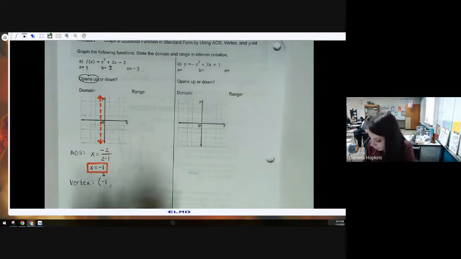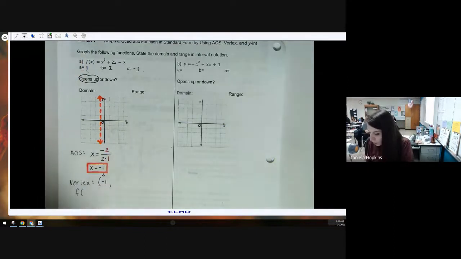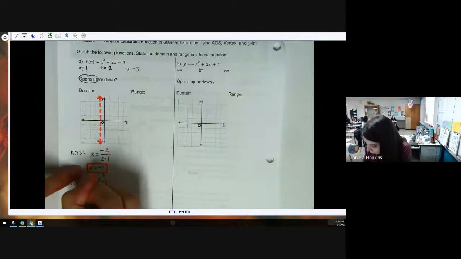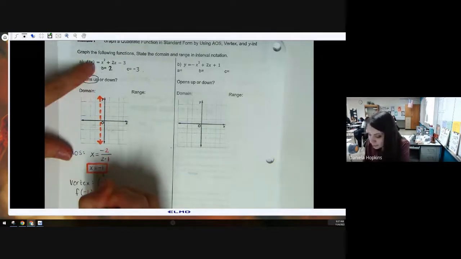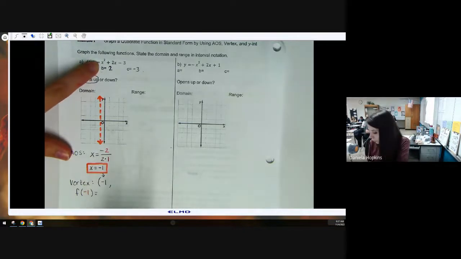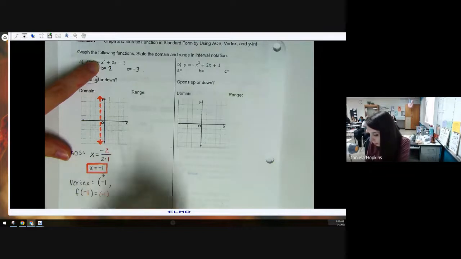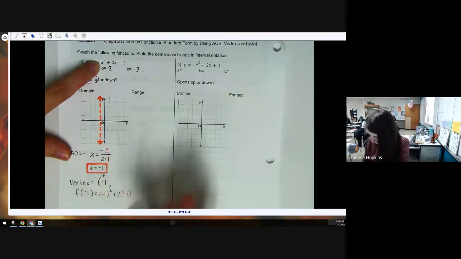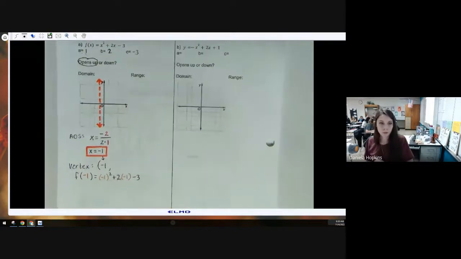This next number comes from taking this function up here, f of, but now instead of x, let's do f of -1. And every time I see x here, I'm going to put a parenthesis -1. So I have -1 squared on the outside plus 2 times -1 minus 3. All right, you can talk yourself through this calculation.